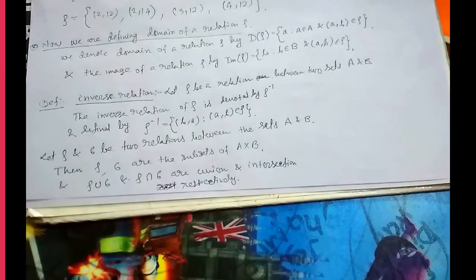See, I have given the definition of a relation rho between A and B, where A and B are distinct.